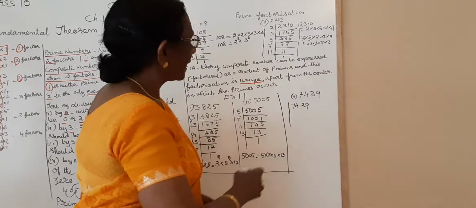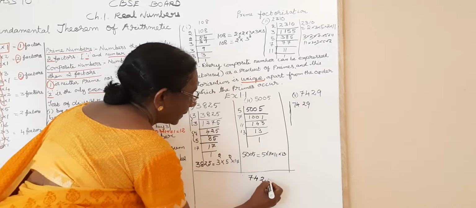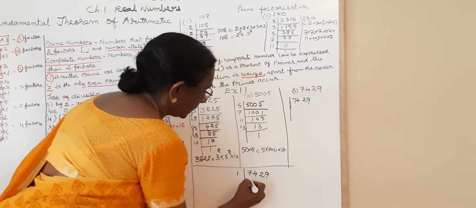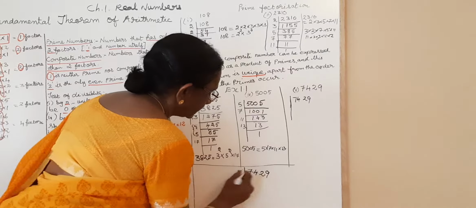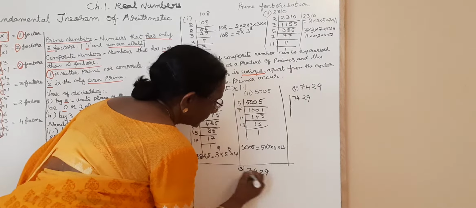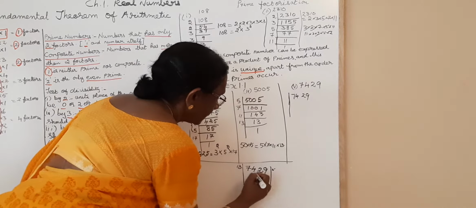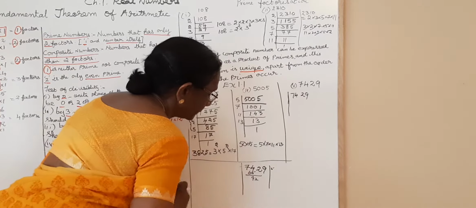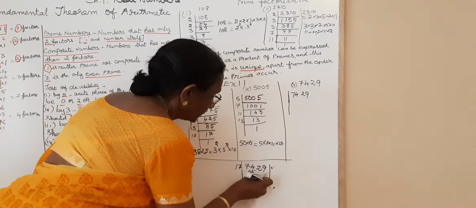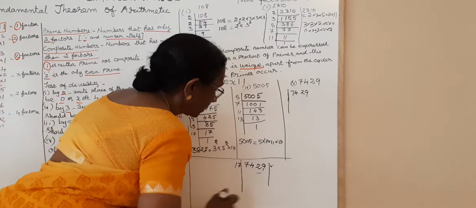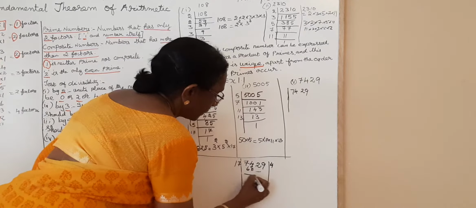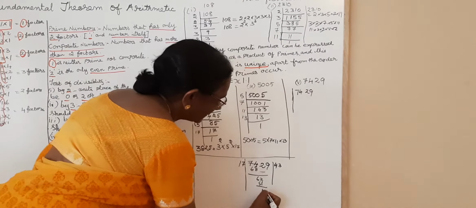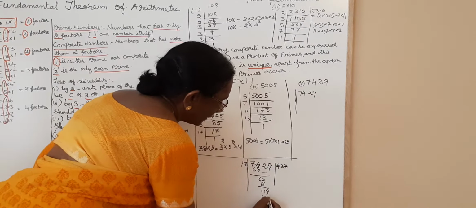So let us check with 17. 17 fours are 68, 17 threes are 51, 17 sevens are 119.